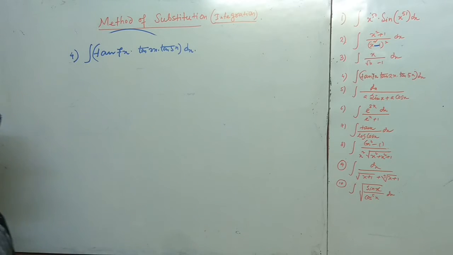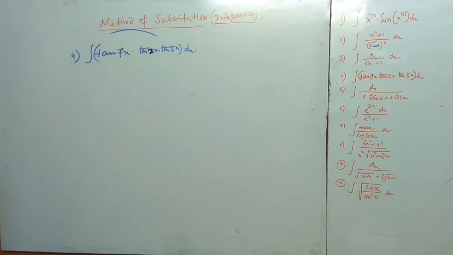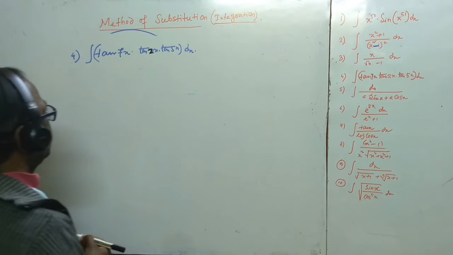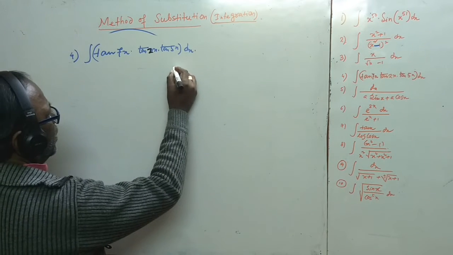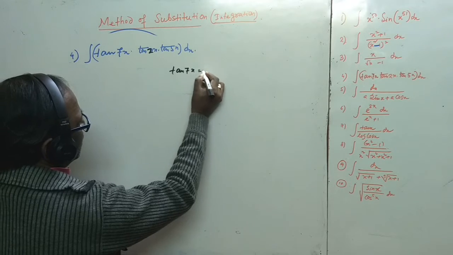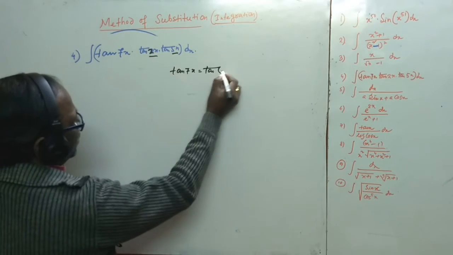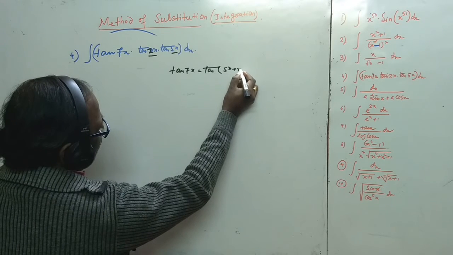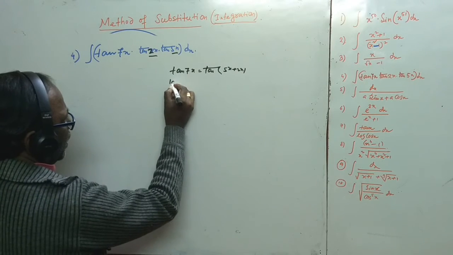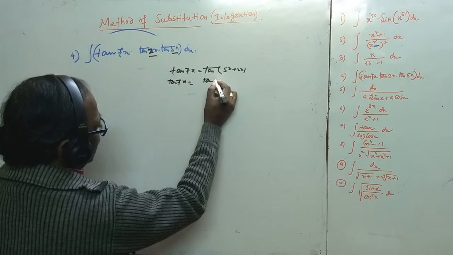And for this type of product of tan, we use the compound angle formula of trigonometry. We can write tan 7x, and that is the sum of the other two, this is 5x plus 2x.